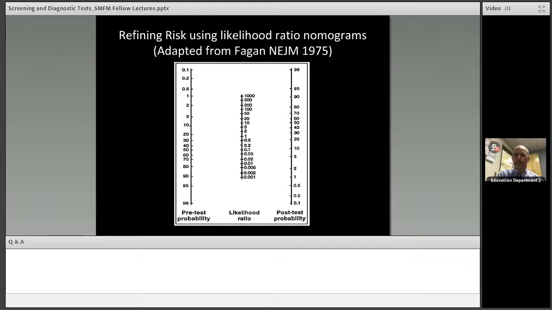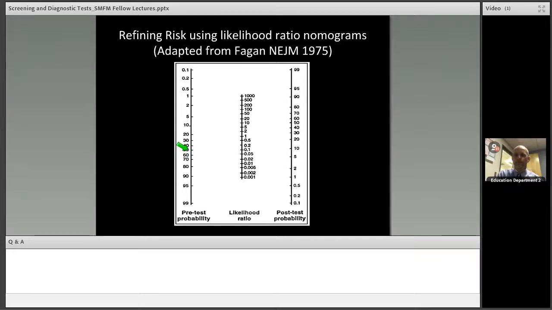Then you look at the pre-test probability that the patient comes with, you adjust their odds based on the likelihood ratio, and then you go to the right-hand column to find the post-test probability.